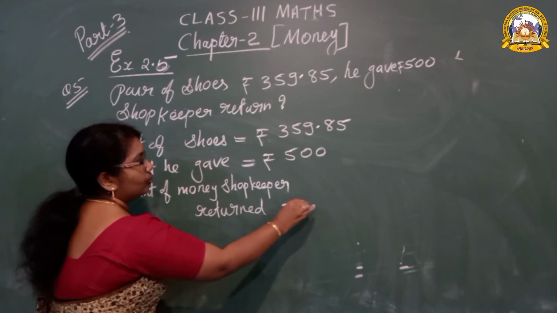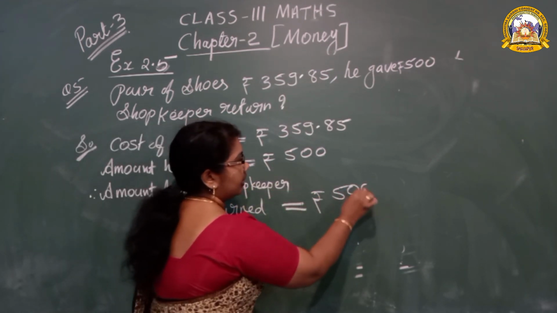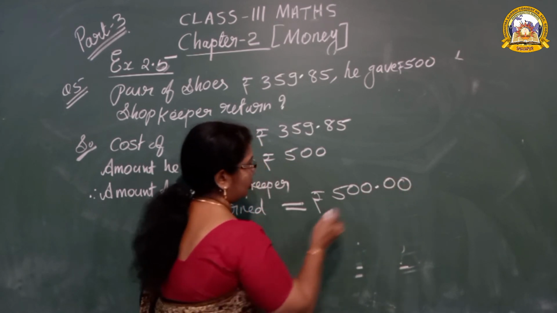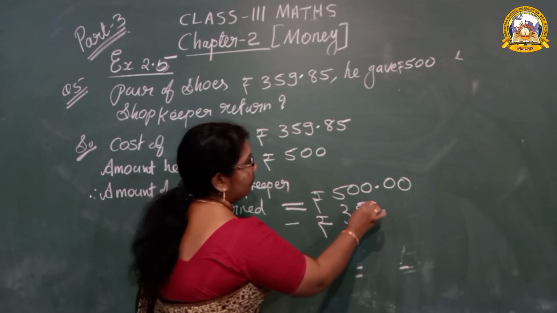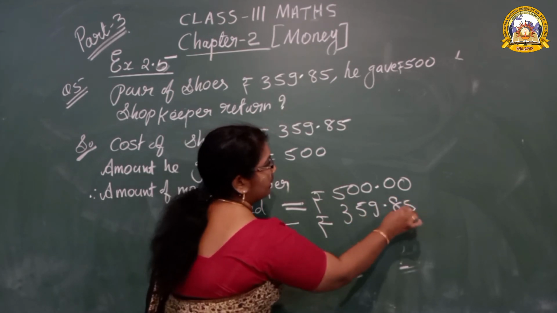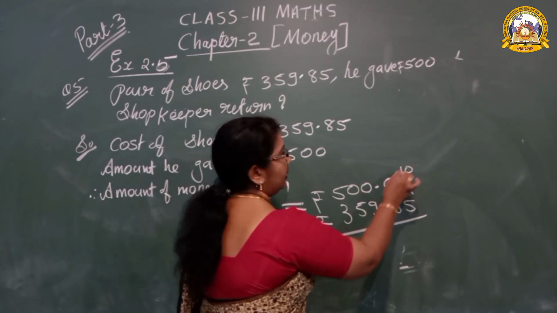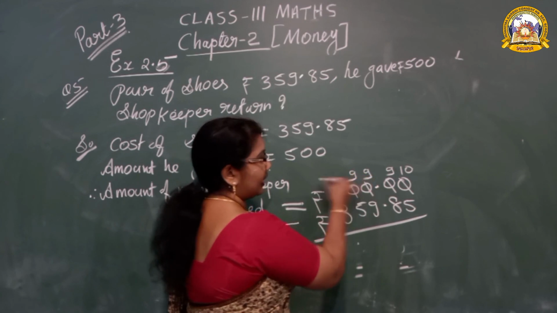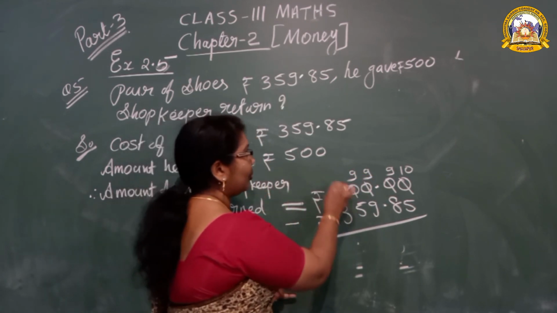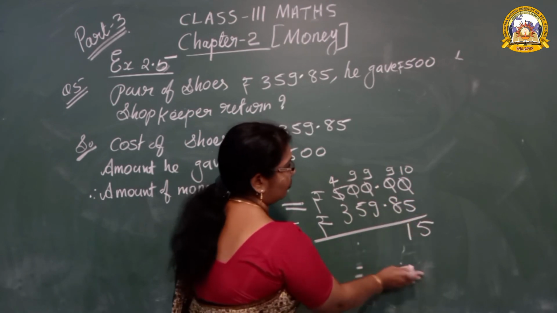Is equal to, how to do students? Rupees 500.00 minus rupees 359.85. Both we have to minus. Here it is 10, here 9, here also 9. 0 1 is easy to know. 4. 5, 9 minus 8, 1.